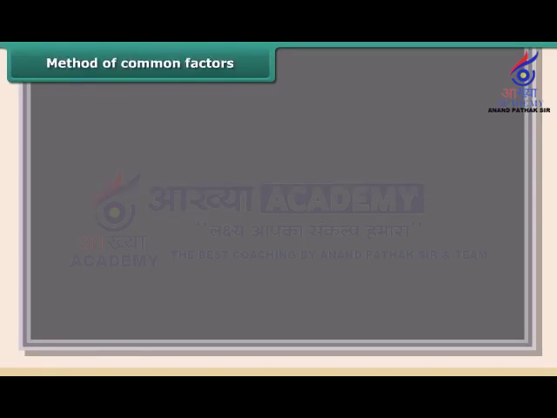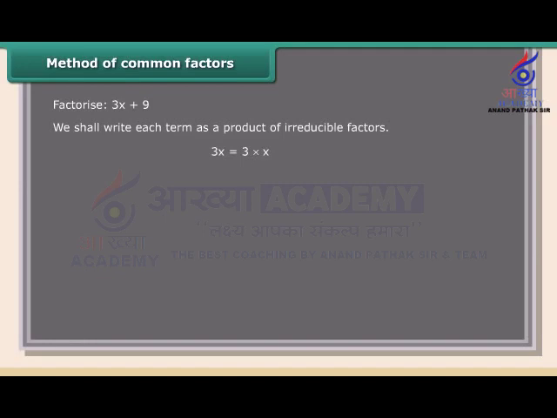Method of common factors. Factorize 3x plus 9. We shall write each term as a product of irreducible factors. 3x is equal to 3 into x. 9 is equal to 3 into 3. 3x plus 9 is equal to 3 into x plus 3 into 3. 3 is the common factor for both the terms.